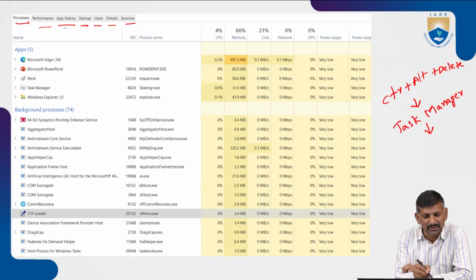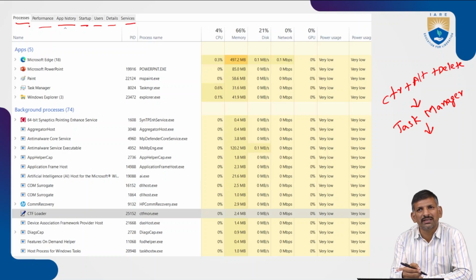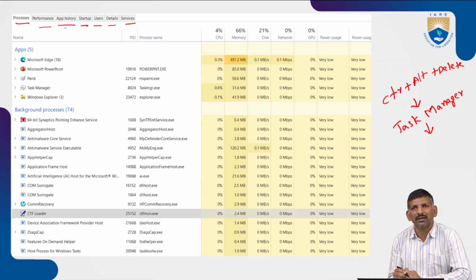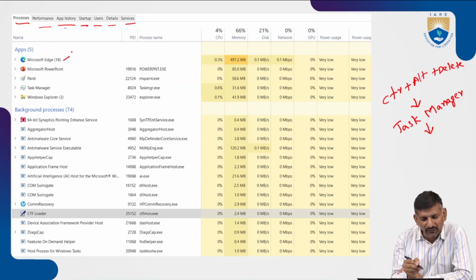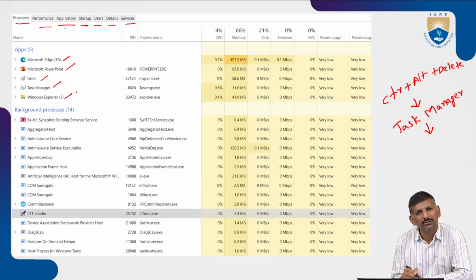First, we will check the processes. What processes are running on our laptop or desktop? In this example, Microsoft Edge, PowerPoint, Paint, Task Manager, and Windows Explorer are running. Five apps are running in the foreground.